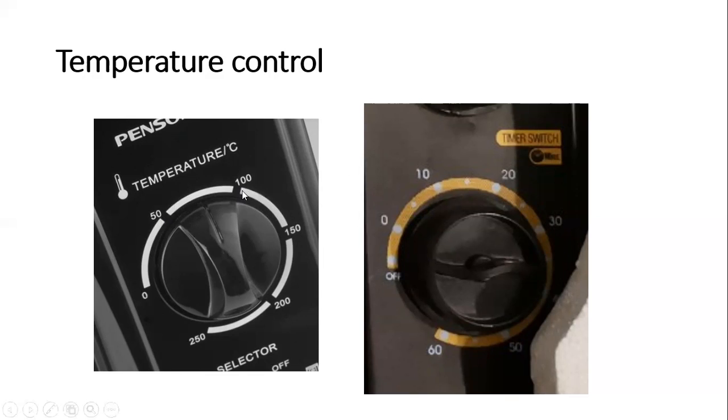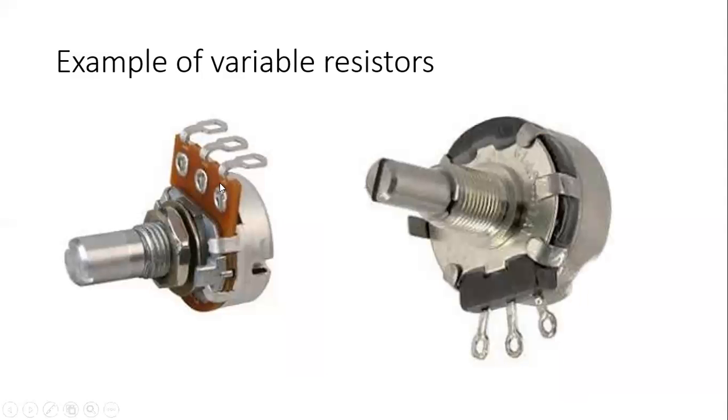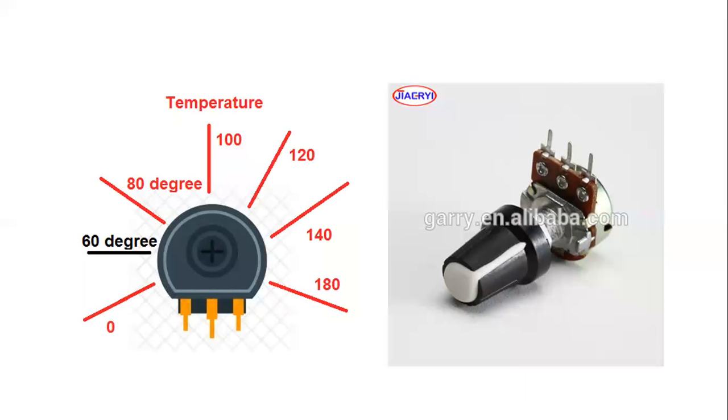Now 100 as indicated here represents that we would like to control at 100 degrees Celsius. So this is an example of a variable resistor in the market. Normally the adjustment of this variable resistor is not more than 360, but in this application we had better get data which is not more than 360 degrees when we do the tuning.